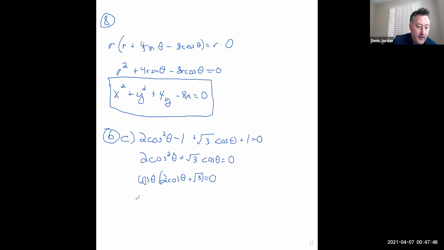So now just set each factor equal to 0 and solve. So where cosine is equal to 0, and then where cosine is equal to negative root 3 all over 2.